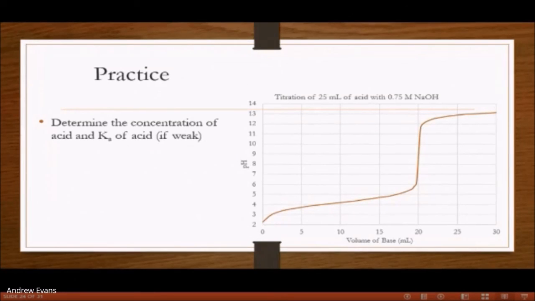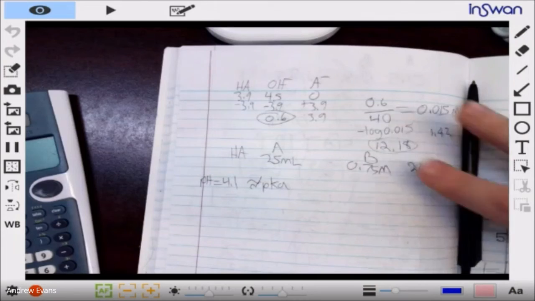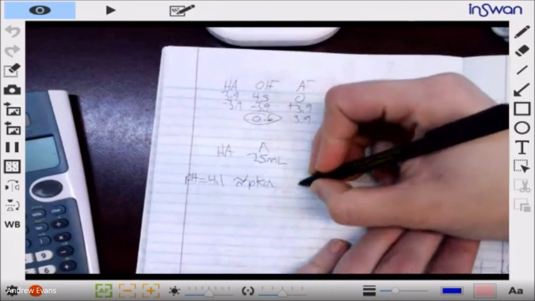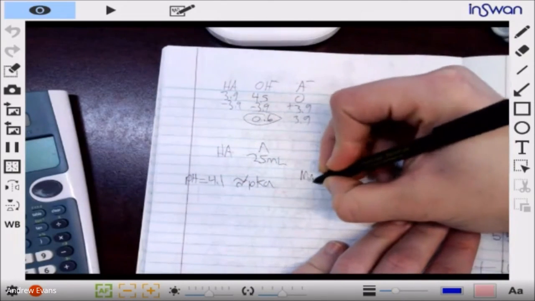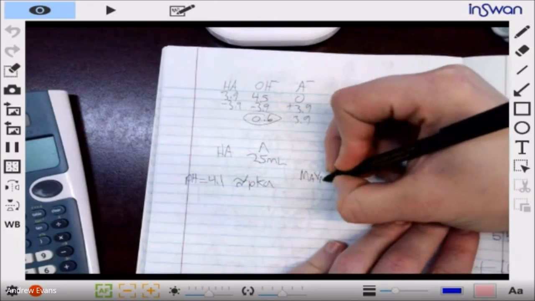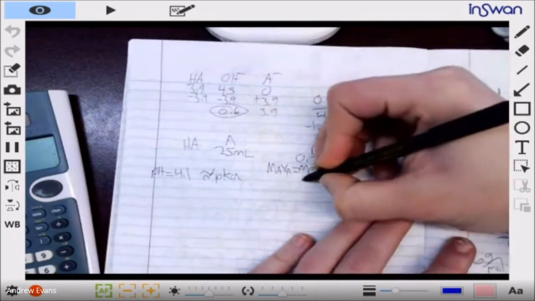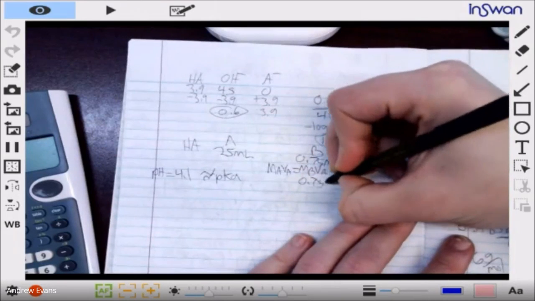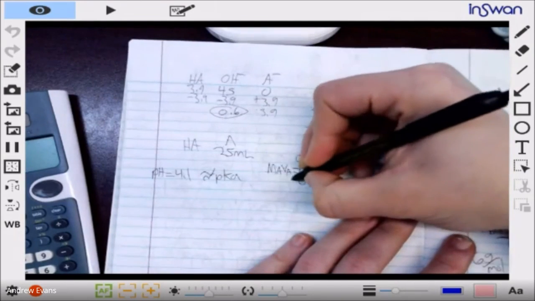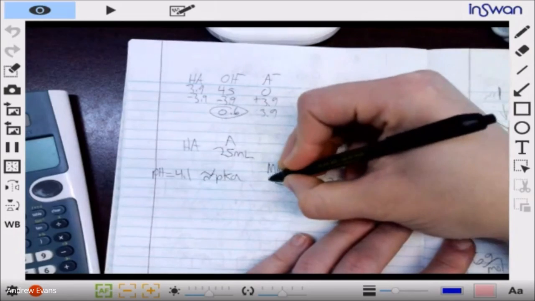But what else can we determine? What is the concentration of acid? MaVa equals MbVb. 0.75 times 20 equals 25 times the unknown.